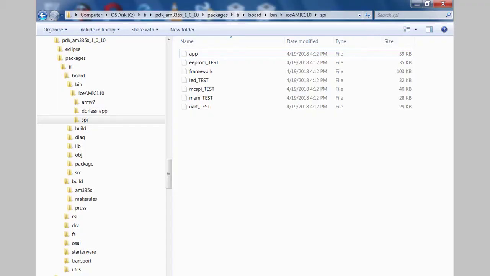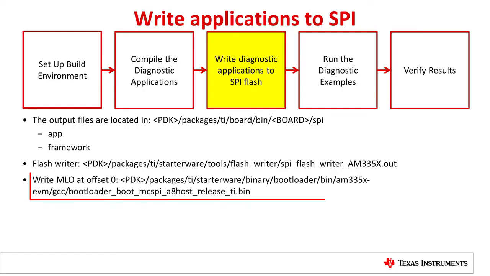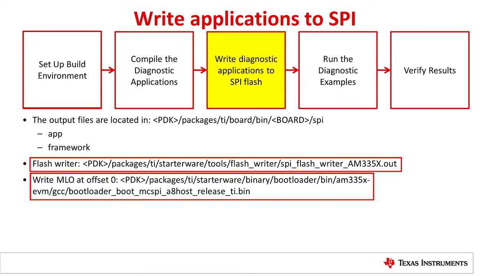From the output folder, you will see app. This is the framework loader. You will also see the framework and several test applications. You need the pre-built bootloader and flash writer as shown in the above locations.